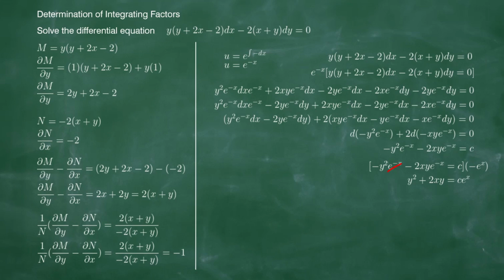That will cancel the e to the negative x here and here, and the negative sign will become plus. So we will have y squared plus 2xy equals c, and negative 1 times c is just c, so we have c e to the x. Then we factor out y, and we have y times (y plus 2x) equals c e to the x.